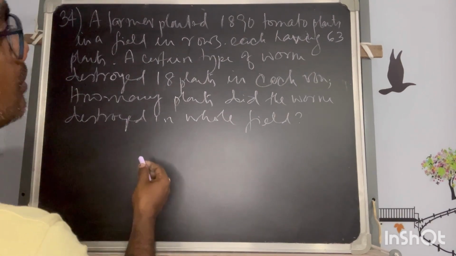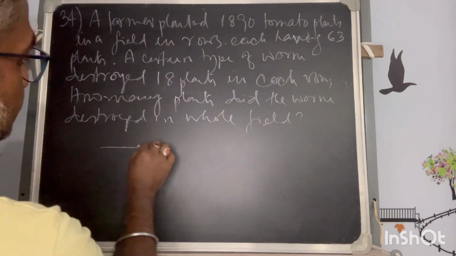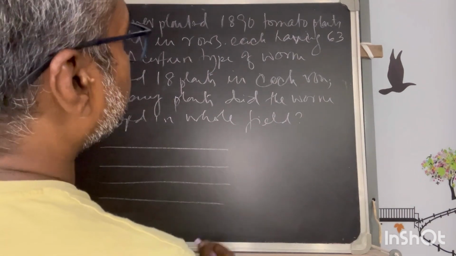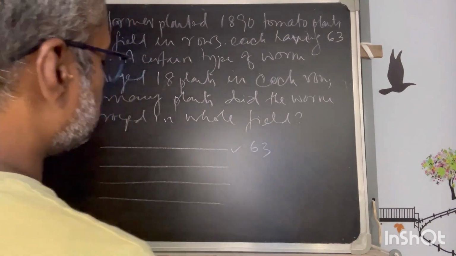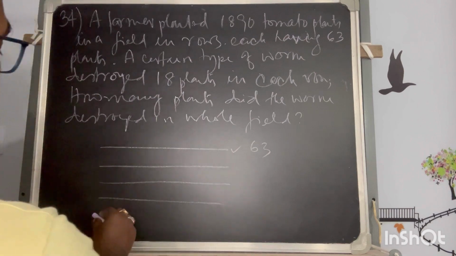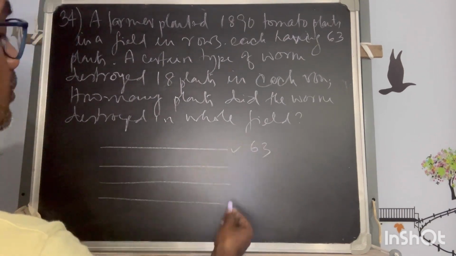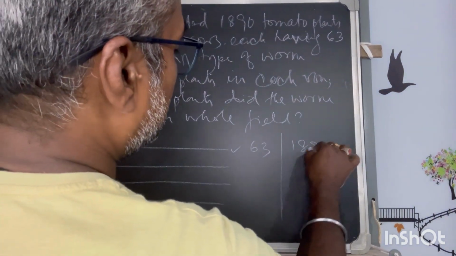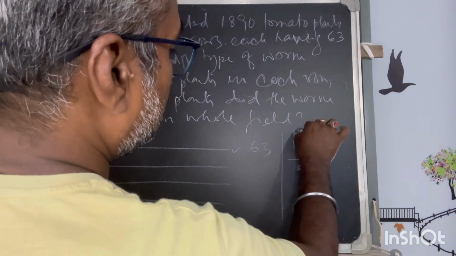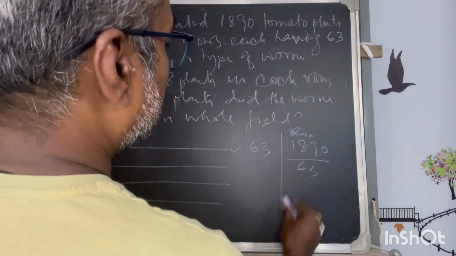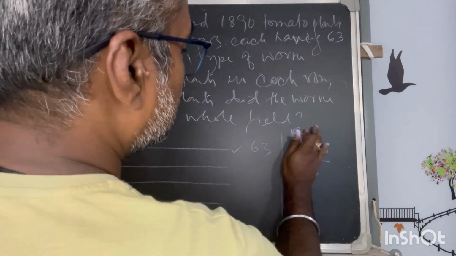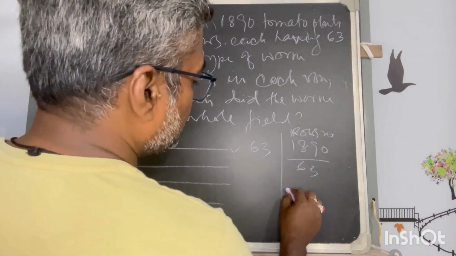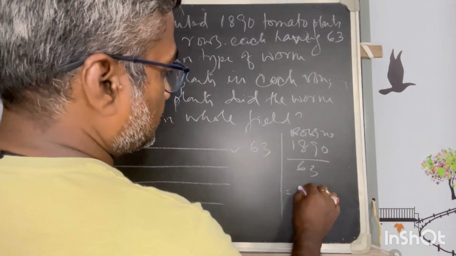A farmer planted this many plants in a field in rows. So there are so many rows, each having 63 plants. So now find the number of rows: 1890 divided by 63 gives 30 rows.